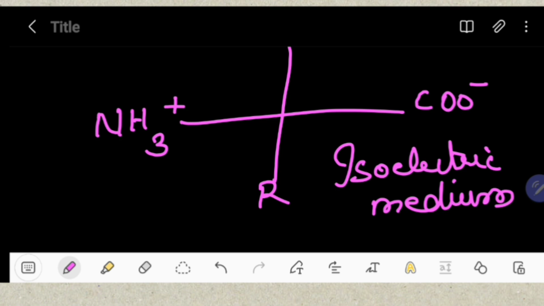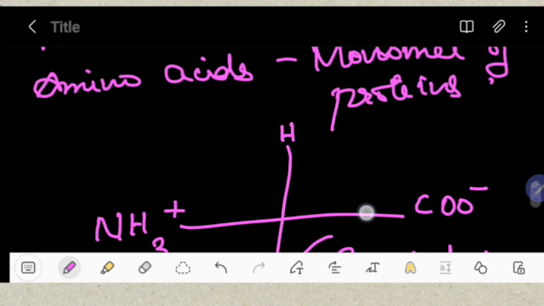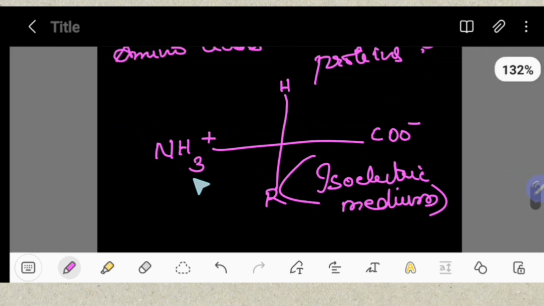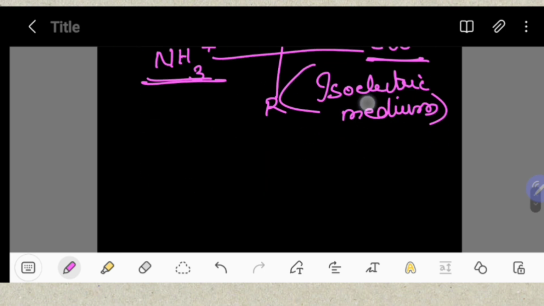In different pH, the structure of this amino acid changes. In isoelectric medium, this will be the structure: both the acidic COOH and the NH2 are ionized. One becomes COO minus, and the other becomes NH3 plus.